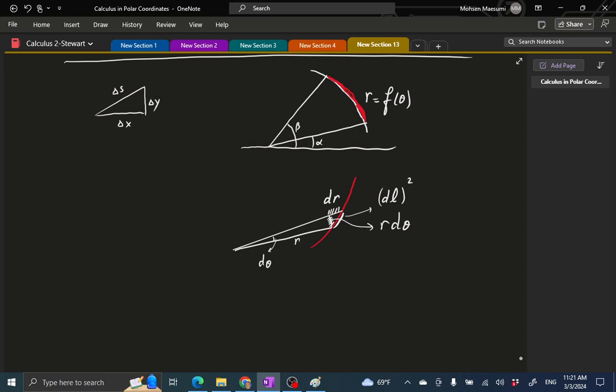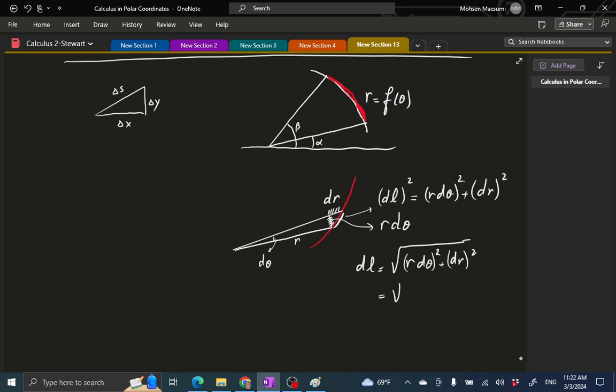We can apply the Pythagorean theorem here. The length of this hypotenuse squared is the length of this one squared, which is r d theta squared, and then the other length squared, which is dr squared. So I can write dl, the element of length, is the square root of (r d theta) squared plus dr squared.